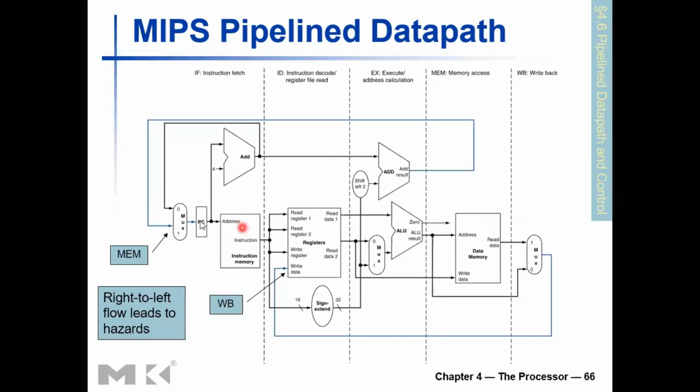Just imagine now the instruction has been fetched, and that fetched instruction is used for decoding and register file reading, while the next instruction is being fetched, and then you are decoding and reading the register file for the next instruction in the next clock cycle.